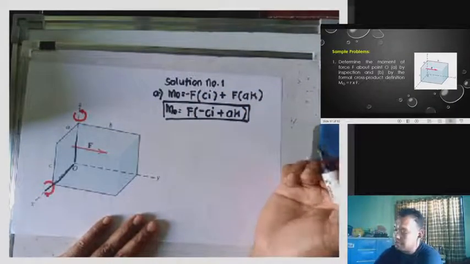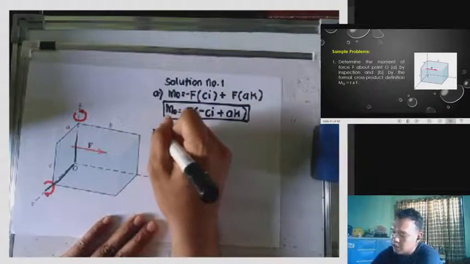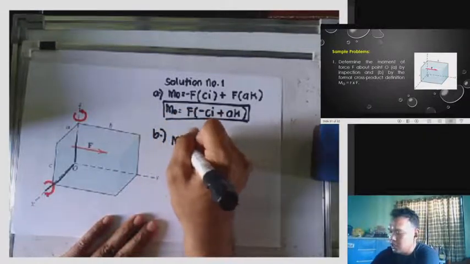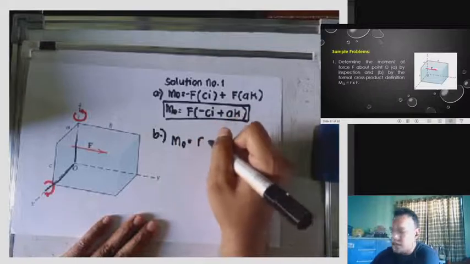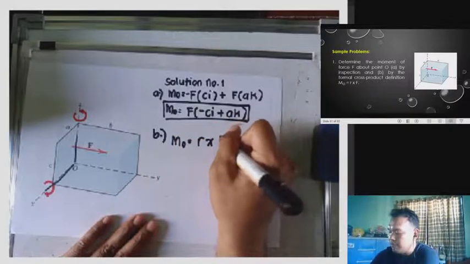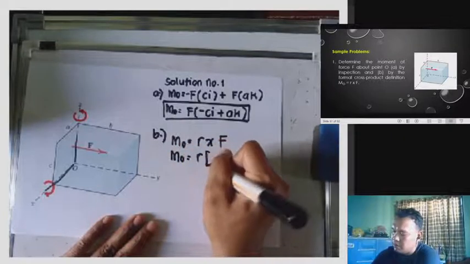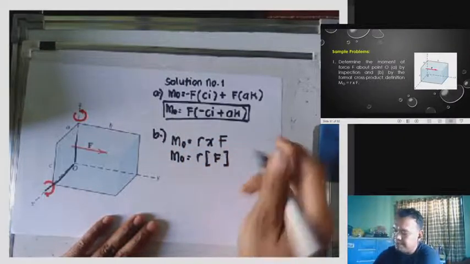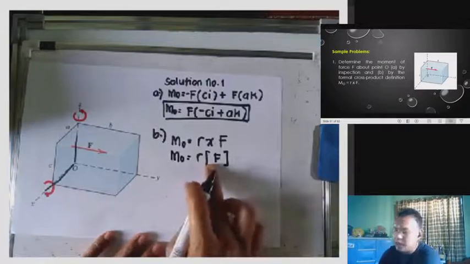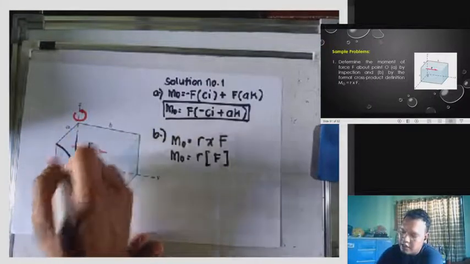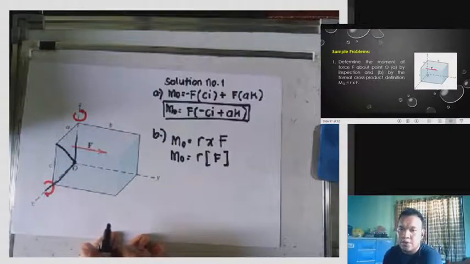Then, let's solve by definition of MO is equivalent kay R times F, or MO is equivalent kay R multiplied by F. Okay, we all know that R is yung vector papunta dito sa point. Okay?